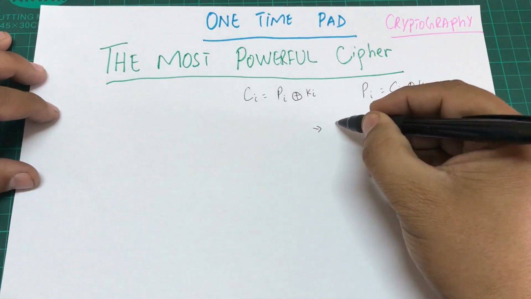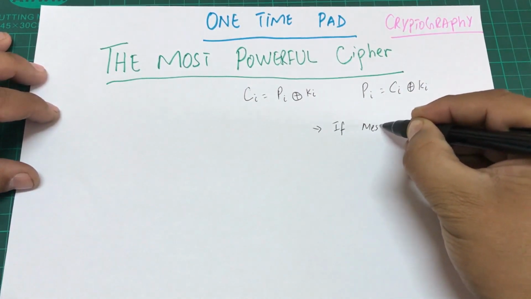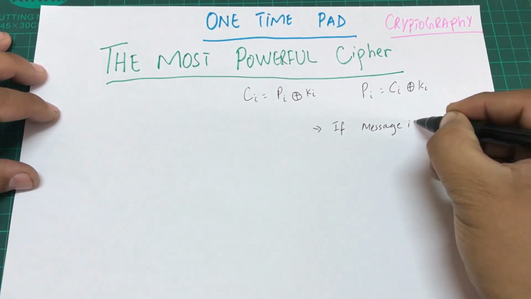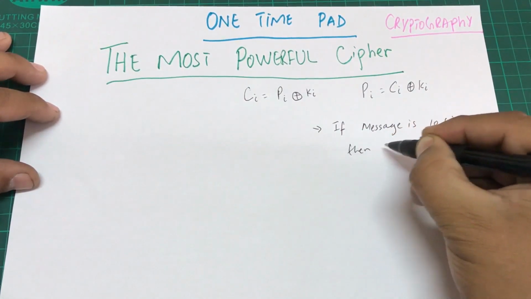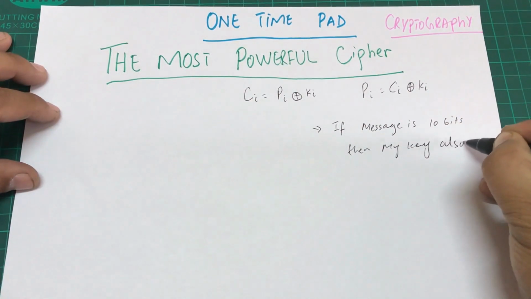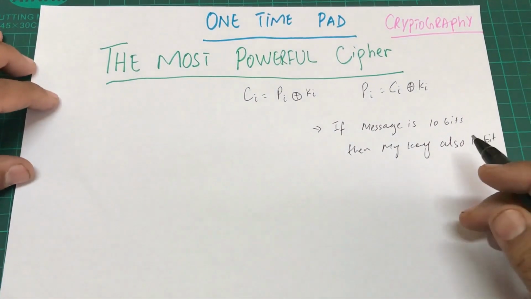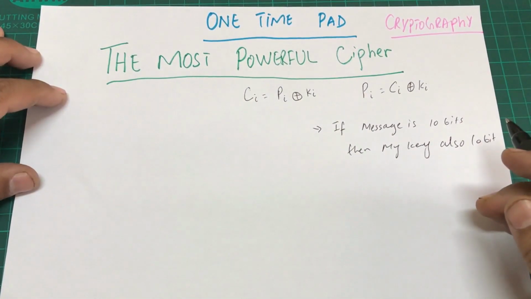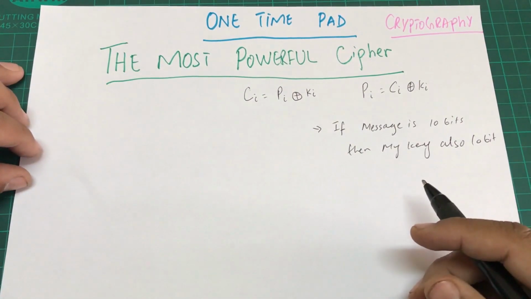If my message is 10 bits long, then my key also has to be 10 bits long.